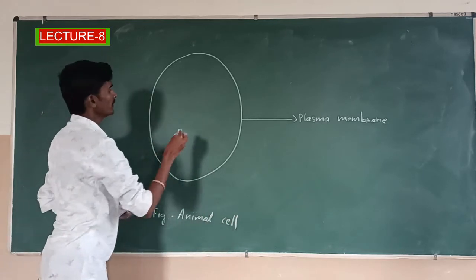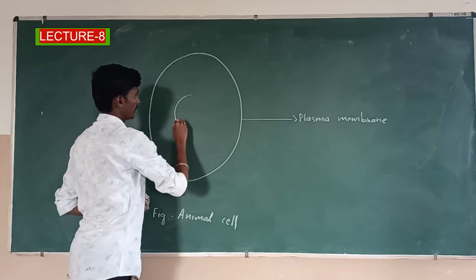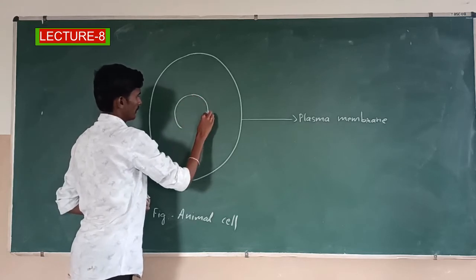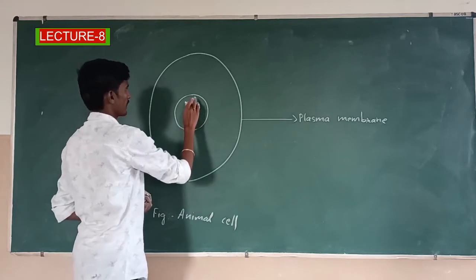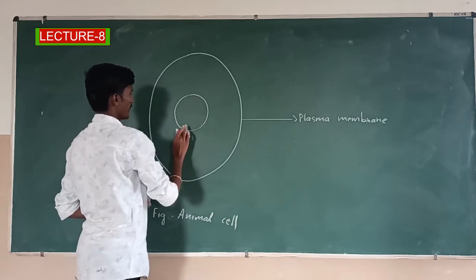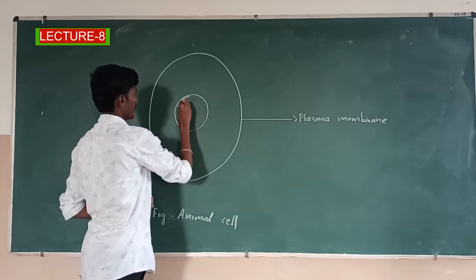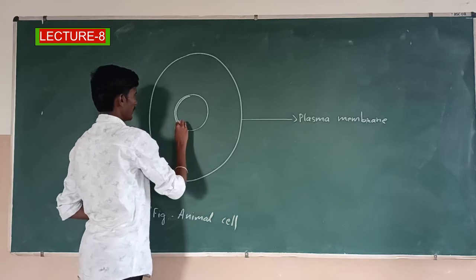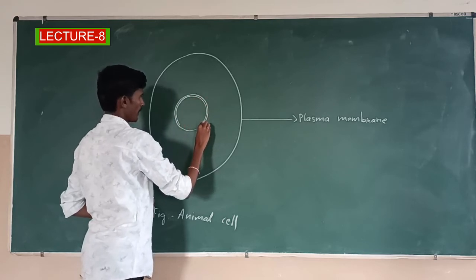At the center, a round-like structure. This is called as the nucleus. The nucleus has a double-layered nuclear membrane.